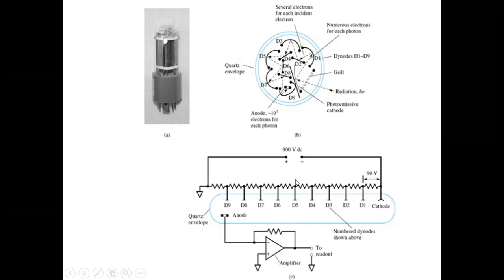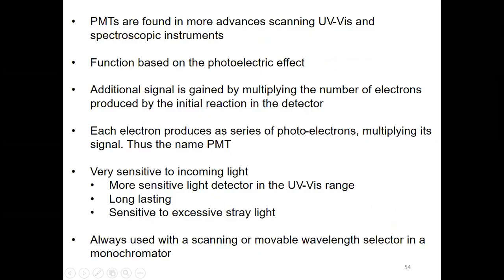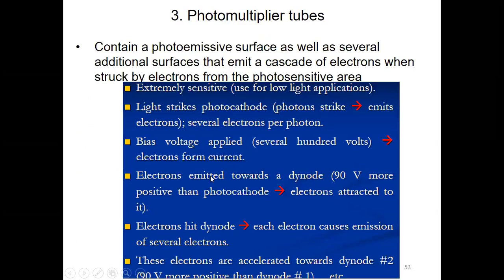So several bias voltages have been given for this photomultiplier tube. The electrons are emitted towards a dynode, 90 volts more positive than the photocathode, as we discussed, and the electrons are attracted to it. Then the electrons emitted towards the dynode hit another dynode, likewise. That is what is happening there.